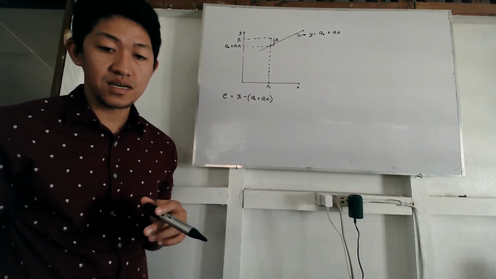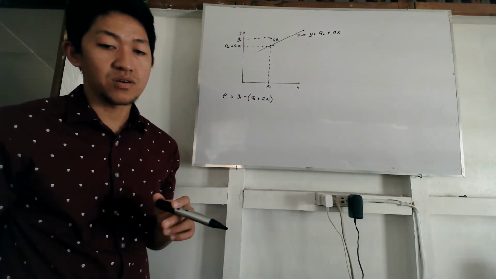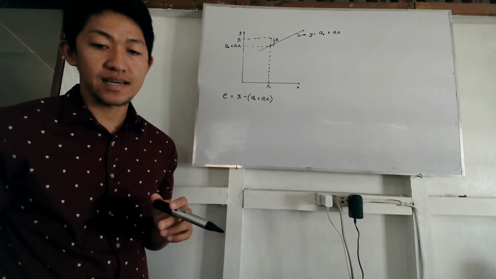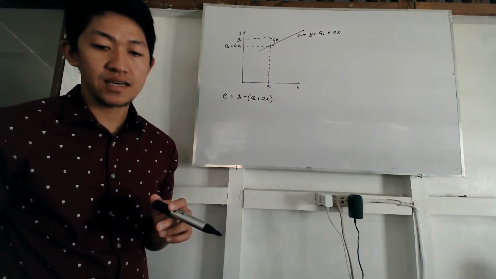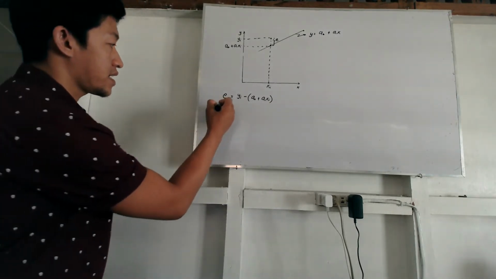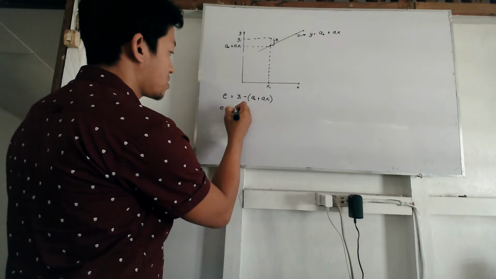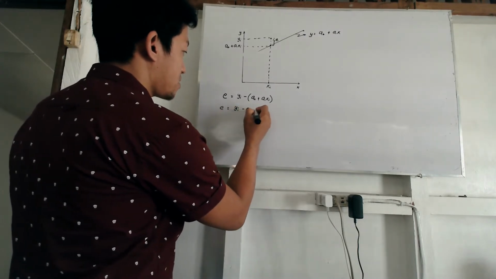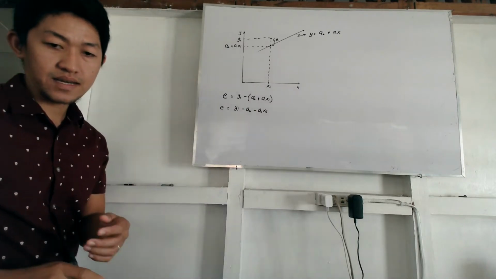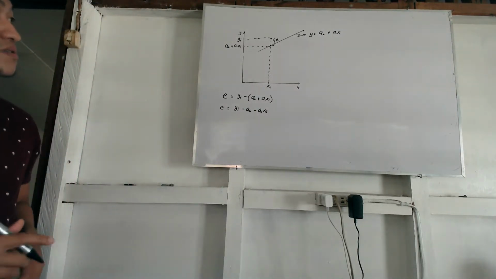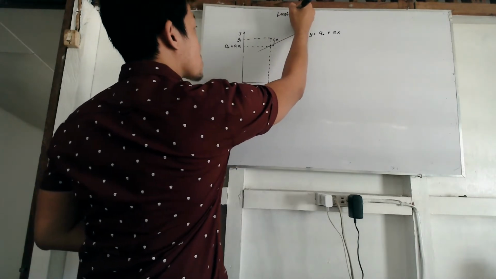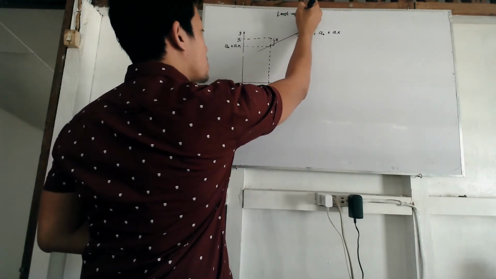So mao na siya, mao nay error niya. Okay? So, error is equal to y sub I minus AO minus A1 xi. Okay? So, method na to is least square regression.